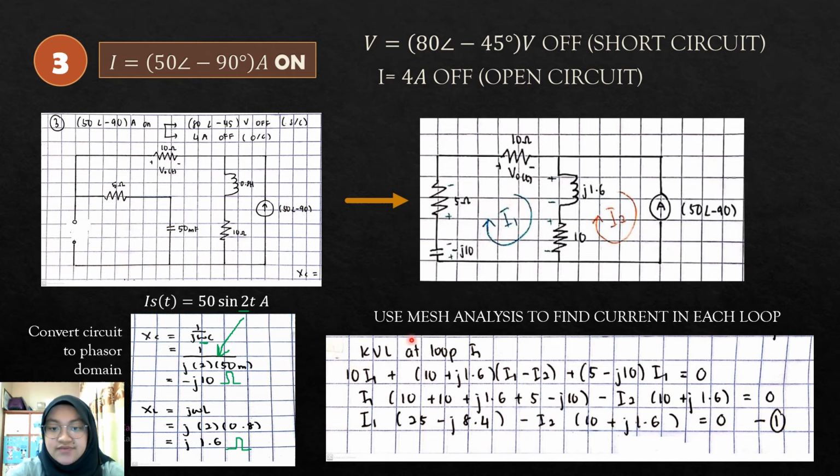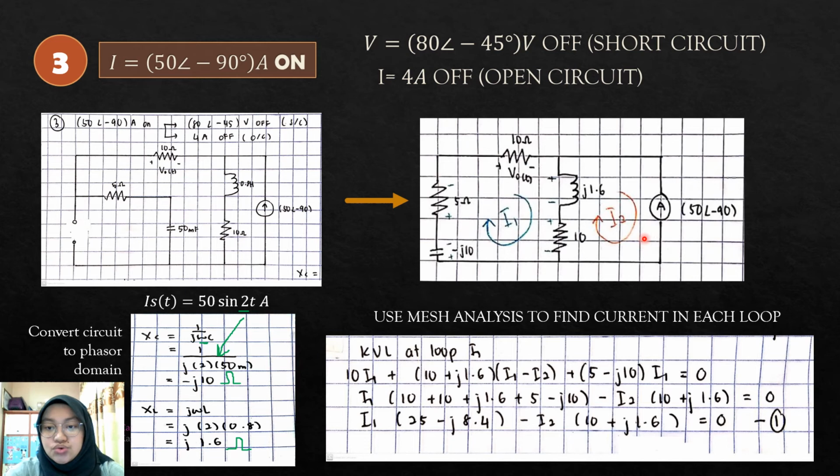I use KVL at loop I1: 10 I1 plus 10 plus j1.6 (I1 minus I2) plus 5 plus negative j10 I1 equals 0, and then I simplify in terms of I1 and I2. So I got this equation for KVL at loop I1.